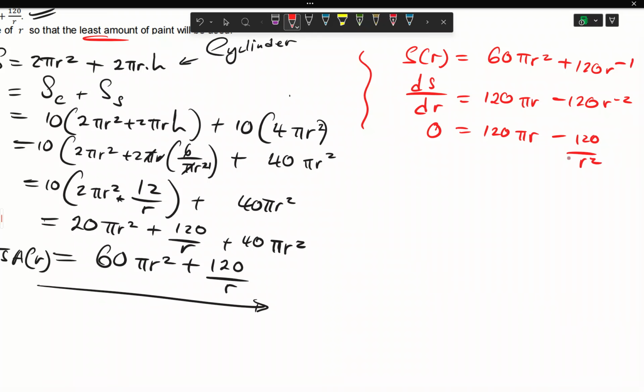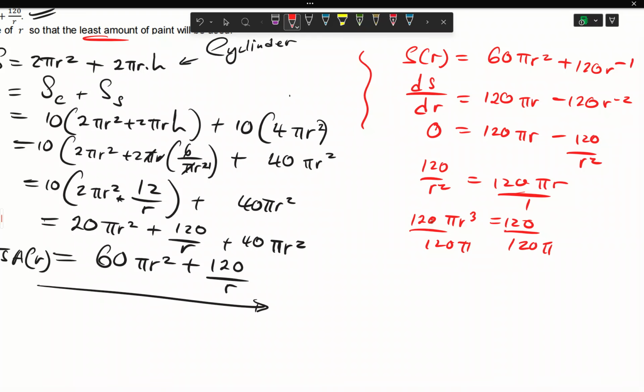Take it to your left. You have 120 all over r squared equal to 120 pi r. Cross multiplication, this is going to give you 120 pi r cubed equal to 120. Divide both sides by 120 pi, so the 120 cancels. Therefore, r cubed will be 1 all over pi. Take the cube root.